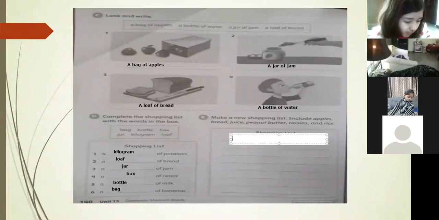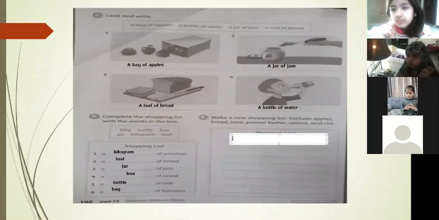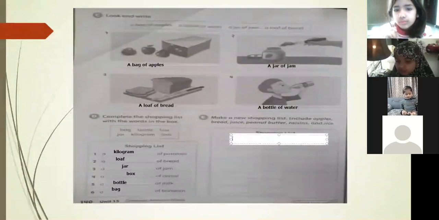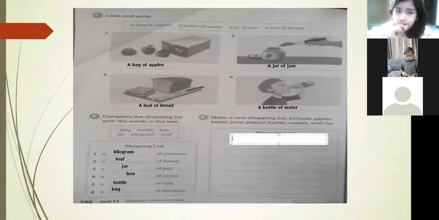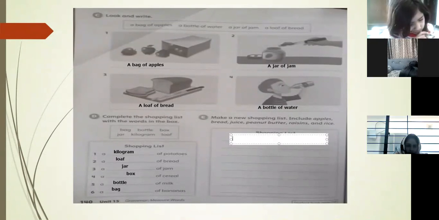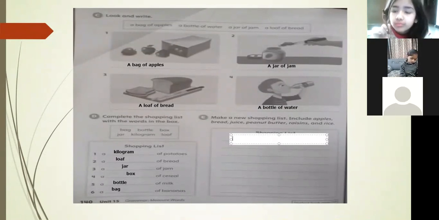It's not necessary that you have to use the same measure word which you used before. You can use a different one as well. So if I ask you to suggest a different measure word for apples, which measure word would you suggest here? Anybody? Yes, Arich?